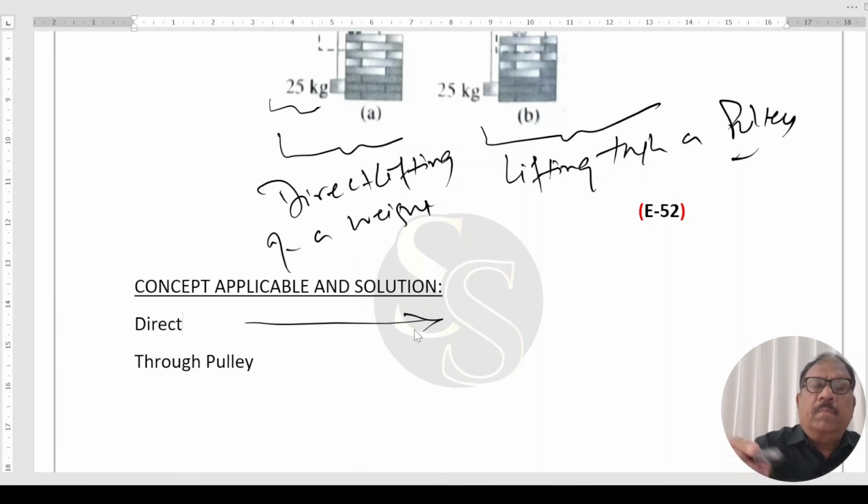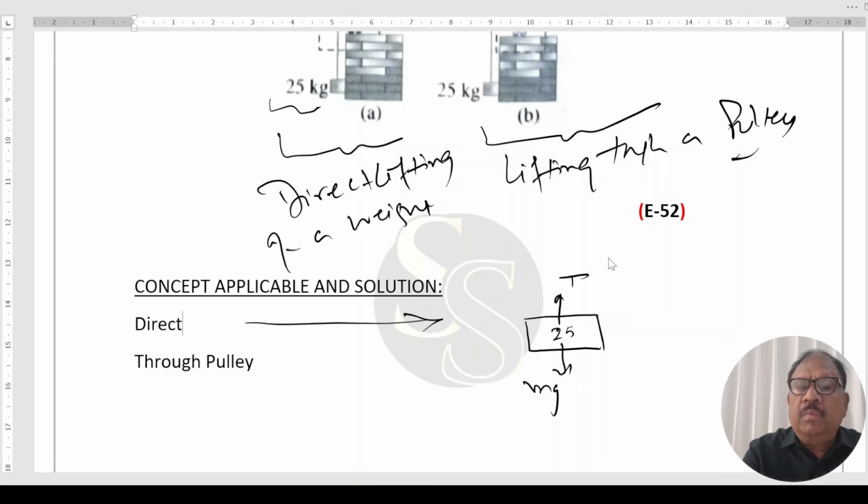Weight is acting, 25 kg, mg, and this is tension. This is the same in both, right? And this is the object. And what will be the free body diagram of the man?